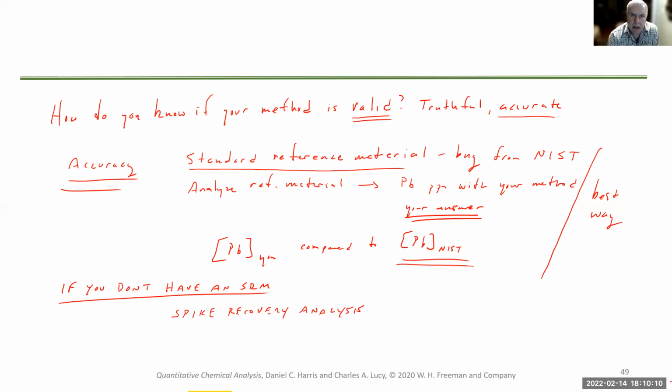And then you carry that sample through the preparation steps, and it could be digestion or extraction, or it could just be directly measuring it. But whatever the steps are, you carry the spiked sample through the preparation method, and then you measure the amount of analyte in it.